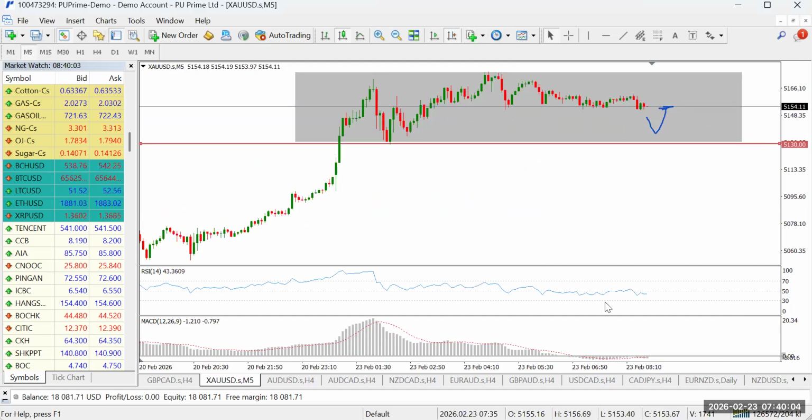So let's say it drops down to this level, then you may want to draw a trend line and trade the breakout as you have a bullish candle breakout above this area. Still confirm with at least your RSI above 0. MACD may not be compulsory, but at least confirm with your RSI above 0 before you trigger a buy. Then you can target the upper side here.